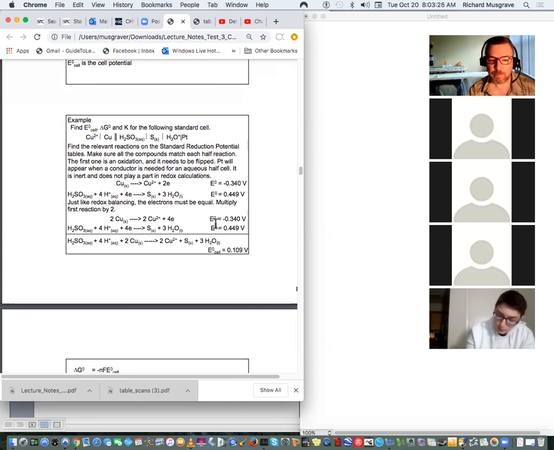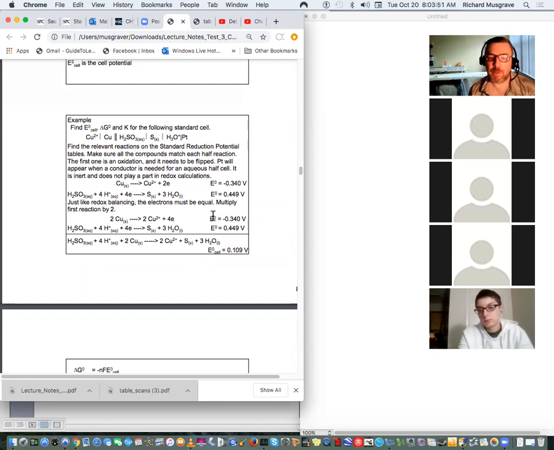But one of the rules that are associated with these electrode potentials is that when you multiply a reaction, you don't multiply the E naught value. And that's because we talked about this the other day. It's an intrinsic property, meaning it's not affected by how much you have.